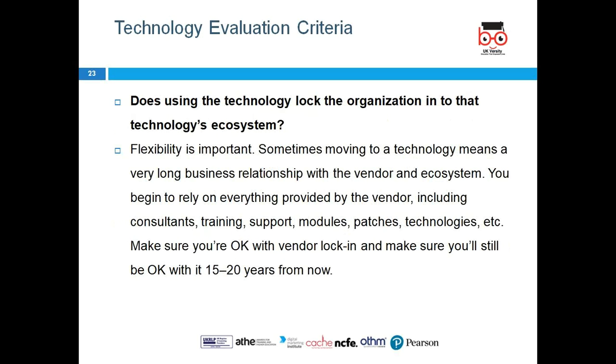Does using the technology lock the organization in to that technology's ecosystem? Obviously, you need to be aware of whether your technology is flexible or not. It shouldn't be the case that after introducing your technology, you would be locked in and will not have a choice to move to any other technology or bring any partial changes, and that really matters, isn't it?